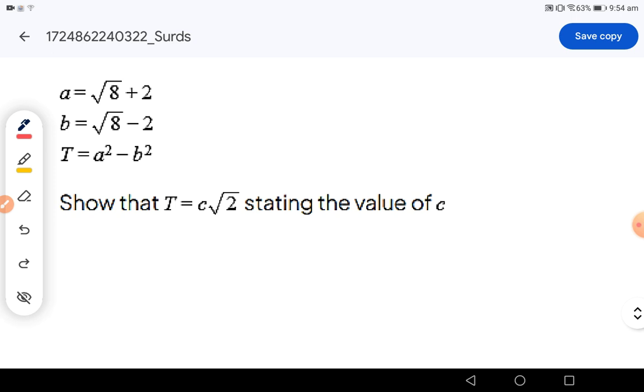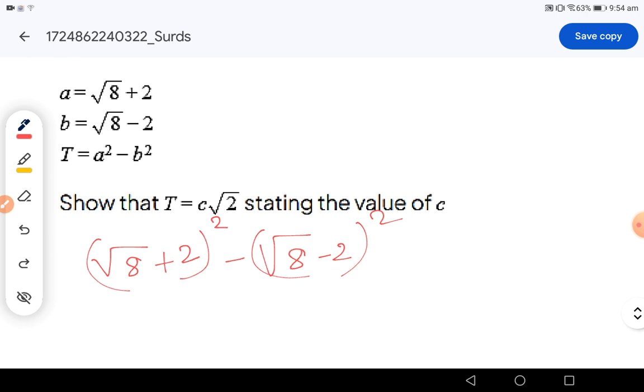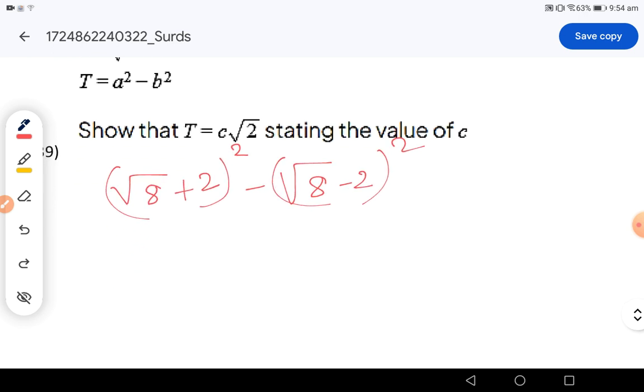So A square means root 8 plus 2 whole square, minus B square means root 8 minus 2 whole square. 8 plus 4 times 2, 4 root 8, plus 2 into 2, 4.